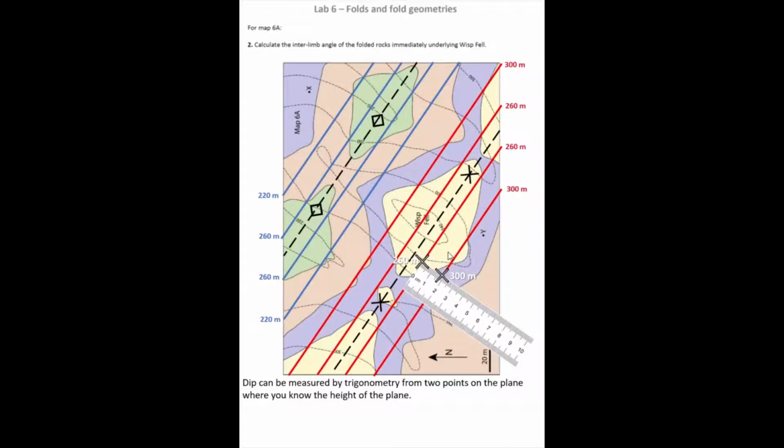Then what we do is measure the horizontal distance over which that change in height occurs. So the distance between the 2 points on the map is 18 millimeters. If we multiply that 18 millimeters by the map scale, it tells us that that horizontal distance is 16 meters in real life.